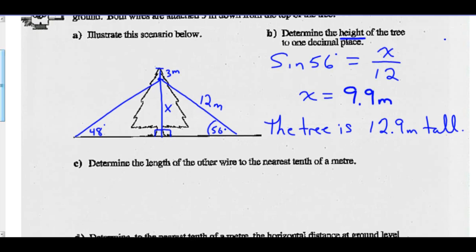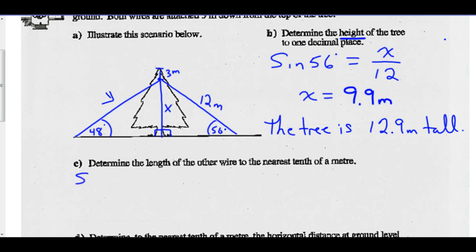Part C asks us to determine the length of the other guy wire to the nearest tenth of a meter. So I'm going to call this measure y, and we're asked to find the length of that wire. So we're given this reference angle, 48 degrees. I just found x, which is opposite, and I'm looking for y, which is hypotenuse. So again, what trig ratio uses opposite and hypotenuse?